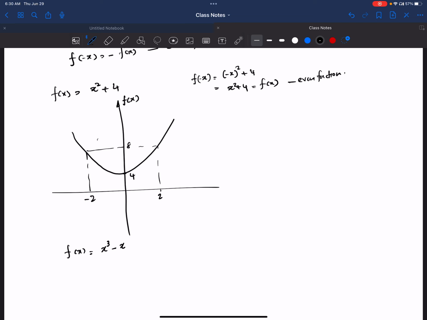Then you can write f of negative x, which is equal to negative x cubed minus negative x. So this becomes negative x cubed plus x. You can take out a negative sign, x cubed minus x. This is negative f of x. So this is an odd function.